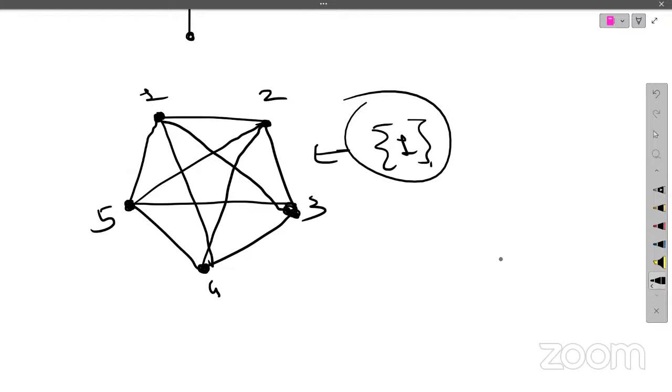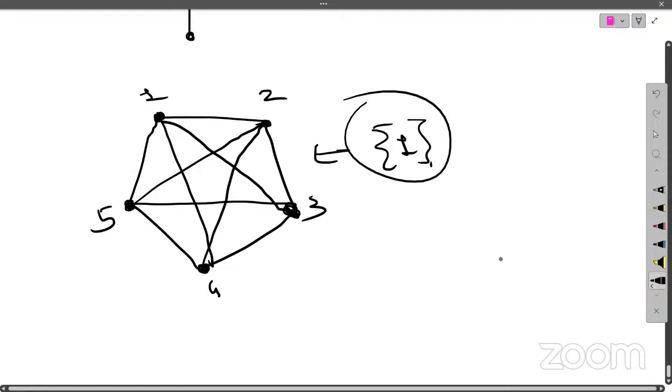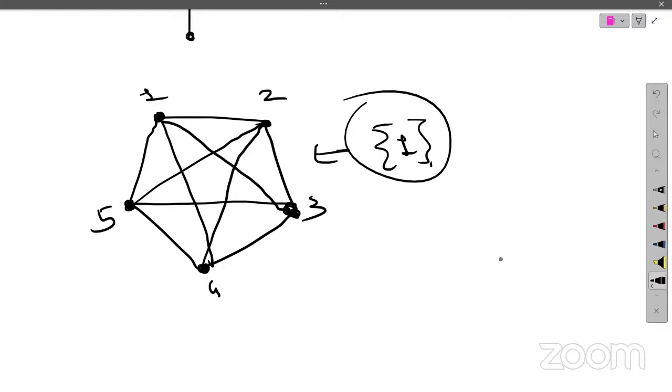Okay, is that clear? Yes, ma'am. Great explanation. Thank you. Excuse me, ma'am, a small doubt. Can we say that vertex 1 and 3 are adjacent vertices since they're connected by a direct edge? Yeah, correct. We can say, because that's the definition of adjacent vertices.